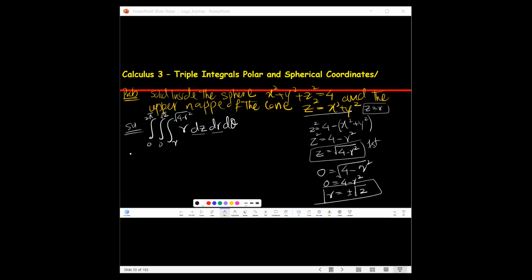It's a fairly simple equation now, and really what we are discovering right now is volume. 0 to 2 pi, 0 to square root 2, and let's do from inside, it's r, and then I'm just substituting the limit for z, minus r squared, dr d theta.